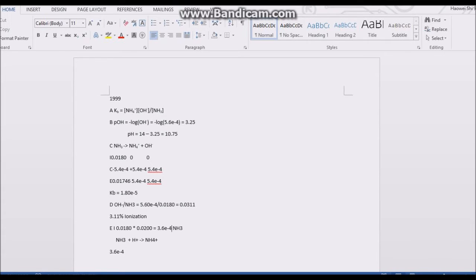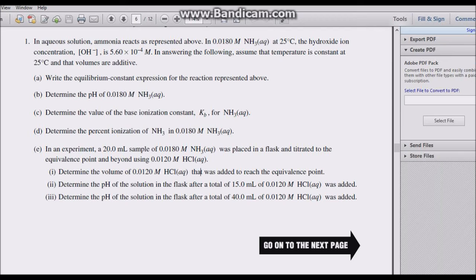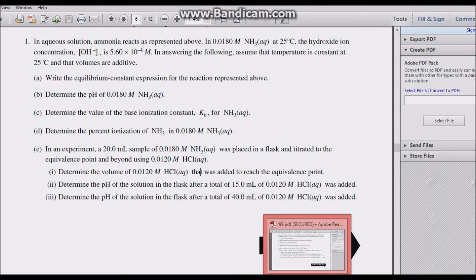By the way, that unit is moles. So moles of H plus. Because of that, we can now determine the volume of 0.0120 molar HCl.